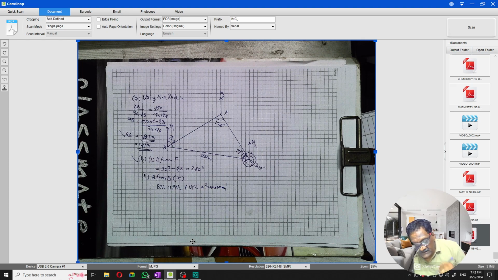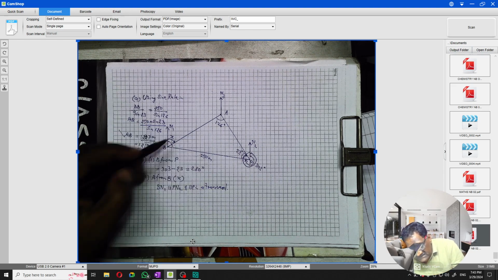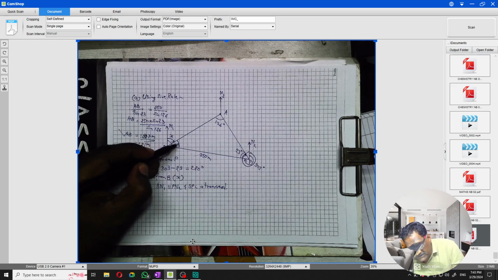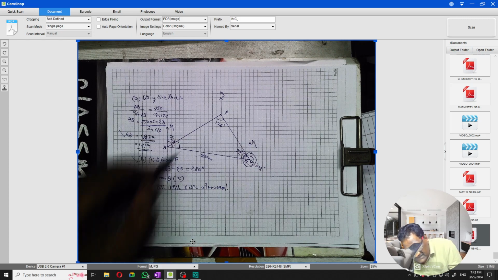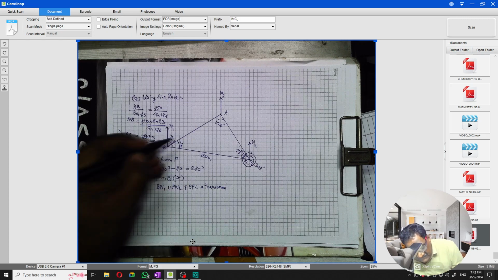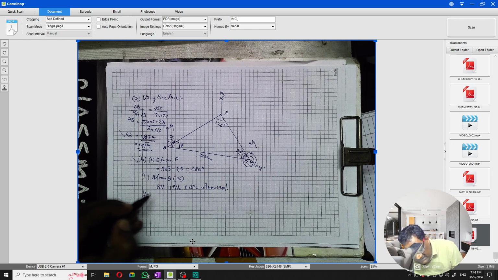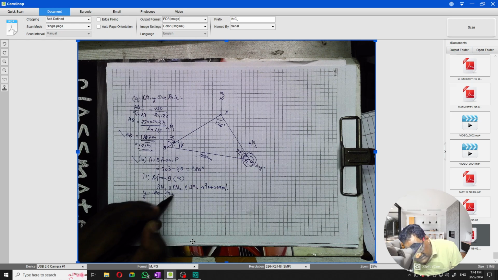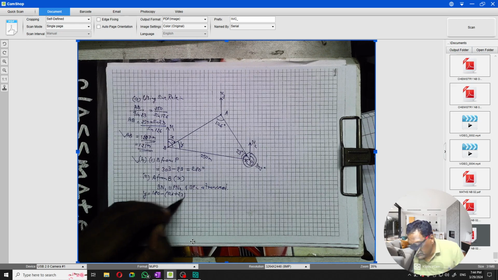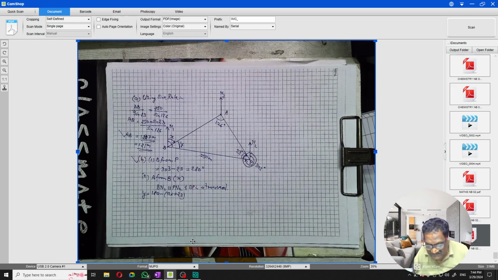Now first let us find out this angle. This angle will be how much, you know? It will be 180 minus 126 plus 23. So this angle Y will be equal to 180 minus (126 plus 23). Now if I do this, let us see what answer I am getting.